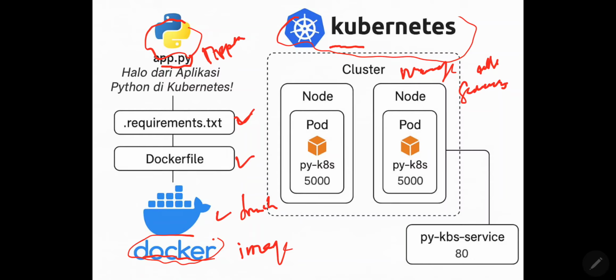Stand number 1, 2, 3, or you can say booth. And inside this cluster, or this food court, you have many nodes. In this case, you have 2 nodes. Node 1 and this is node 2.